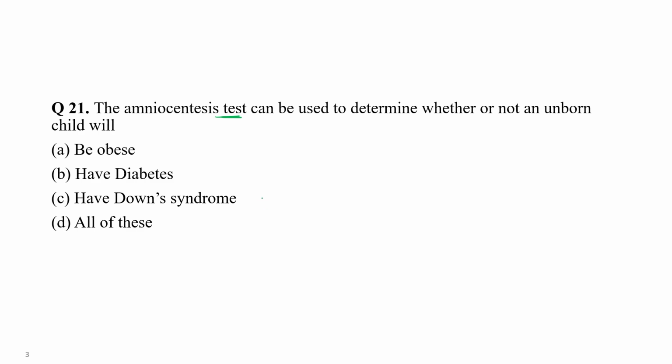He cannot analyze anything about diabetes or obesity or any other kind of thing. Only genetic level abnormality like Down syndrome can be analyzed with amniocentesis. Okay, so the correct answer would be choice number C.